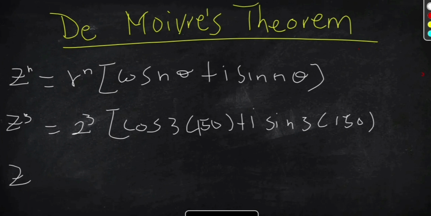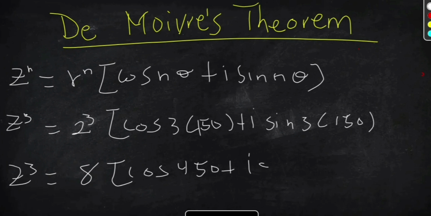This gives 8 cos of 450 plus i sine of 450. That is De Moivre's theorem.